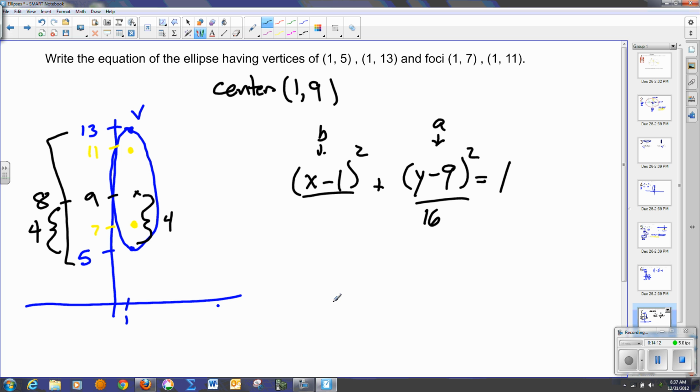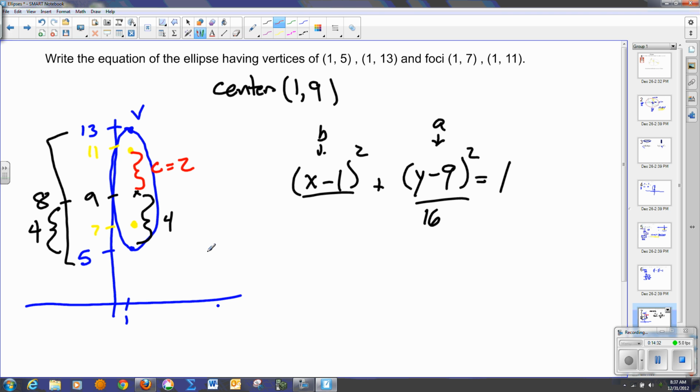I now have to find my b value, and I can do that from simply using my a, b, and c relationship. I know that c is equal to 2 because that's a distance from the center to one of the foci.